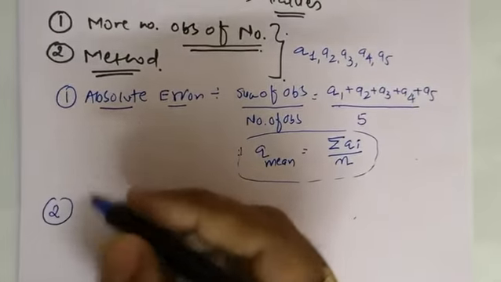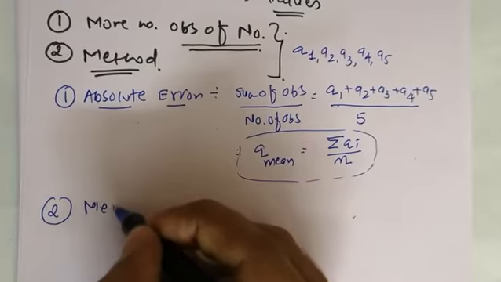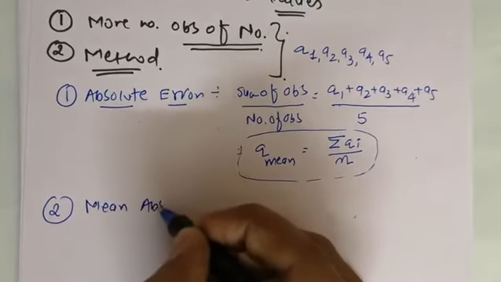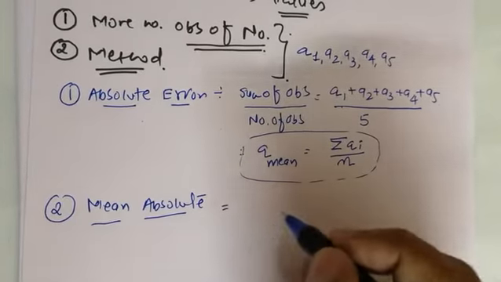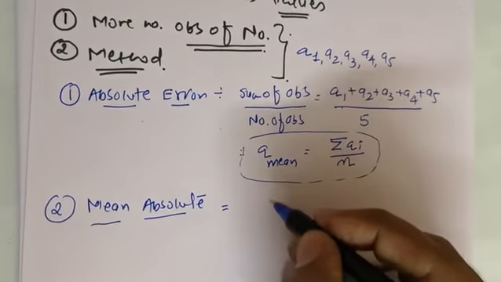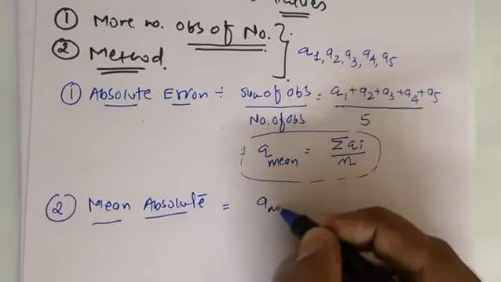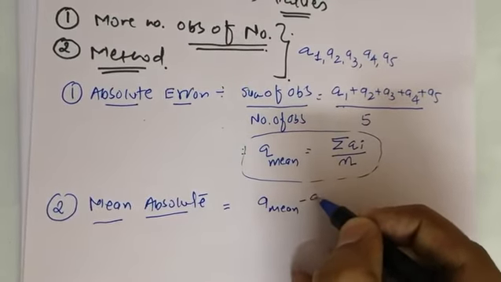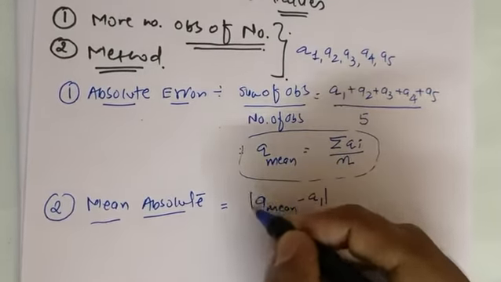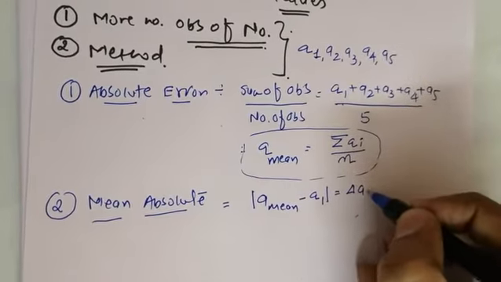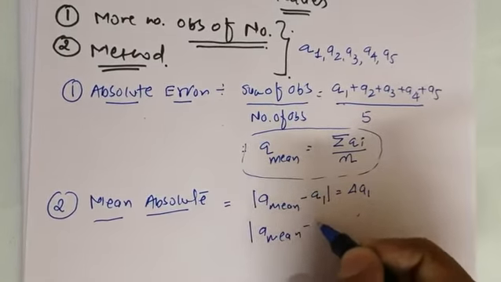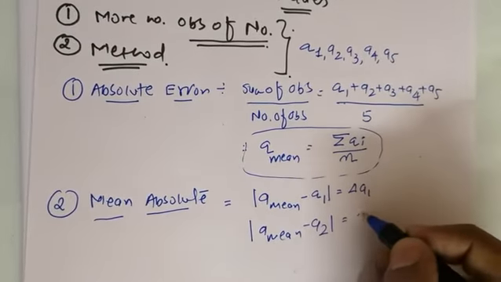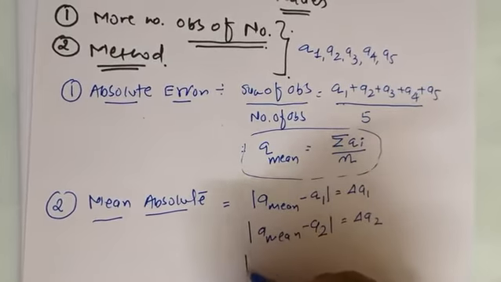Next one is called our mean absolute error. In the mean absolute error we are doing nothing else. We are taking A mean minus the first observation, denoted by delta A1. Then A mean minus A2 equals delta A2.